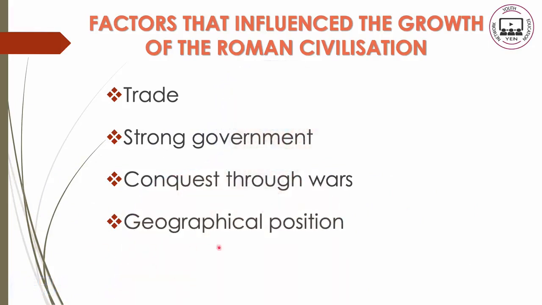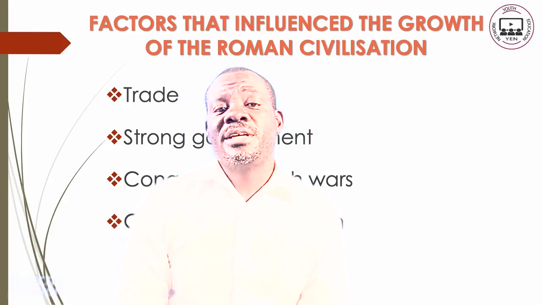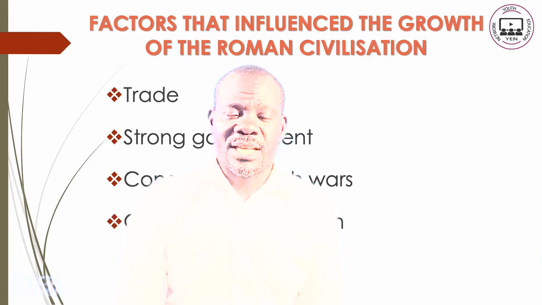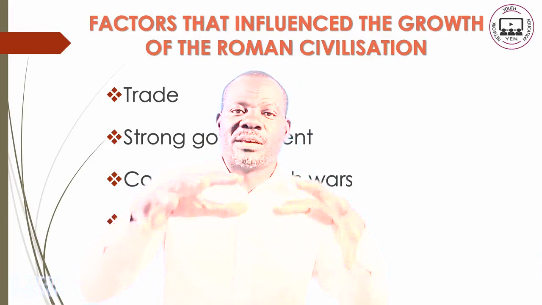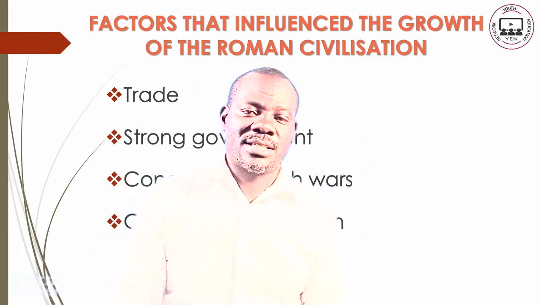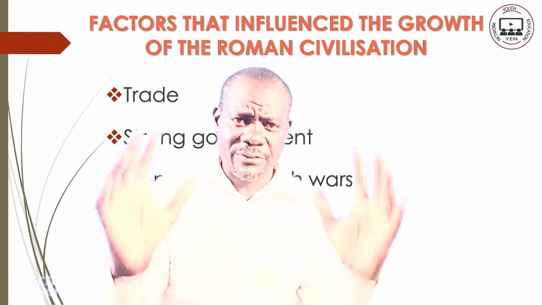And also geographical position. By geographical position, we mean a place that is located in a safe place. As we have said, Rome developed in Italy, which was a peninsula. A peninsula is close to the sea. Hence, it was geographically good.